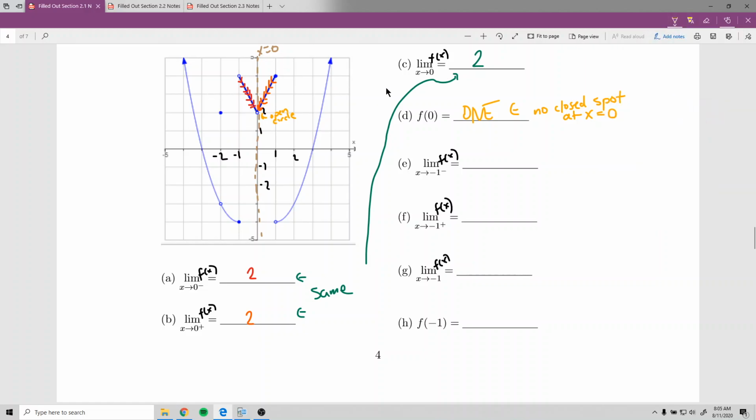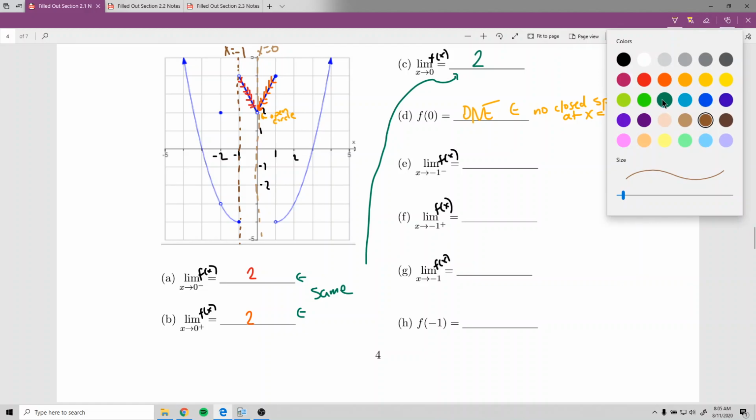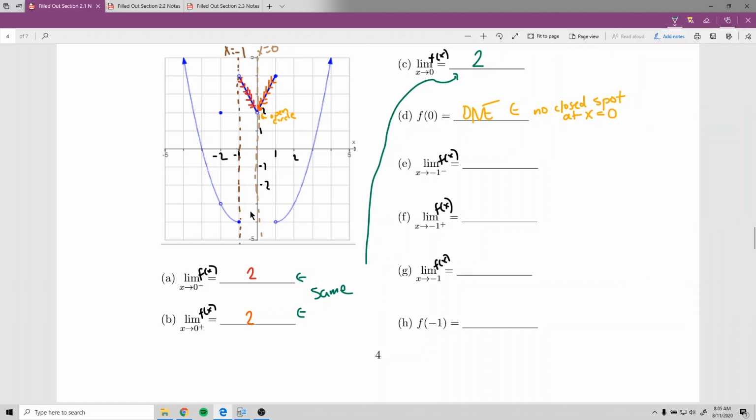Right, now the next spot we want to turn our attention to is x equals -1, which is right here. And do the same thing. All right, as we go towards -1 from the left, since we're looking at this spot right here, we notice from the left we should be on this side.